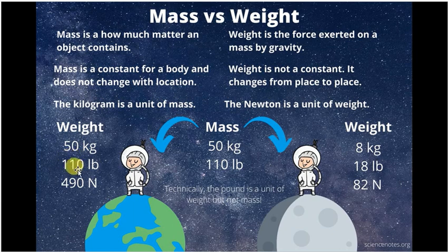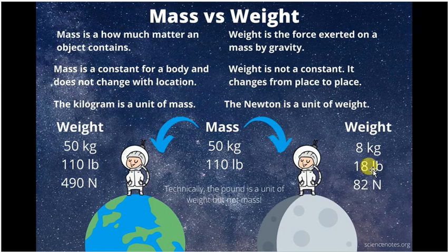So this person is going to have a weight of 110 pounds. Apart from pounds, we can also measure in newtons. Do you see this N over here? You can measure in either pounds or newtons. So over here on the left, 110 pounds or 490 newtons. But the person on the moon is not being pulled as strongly, so they're going to weigh a lot less.